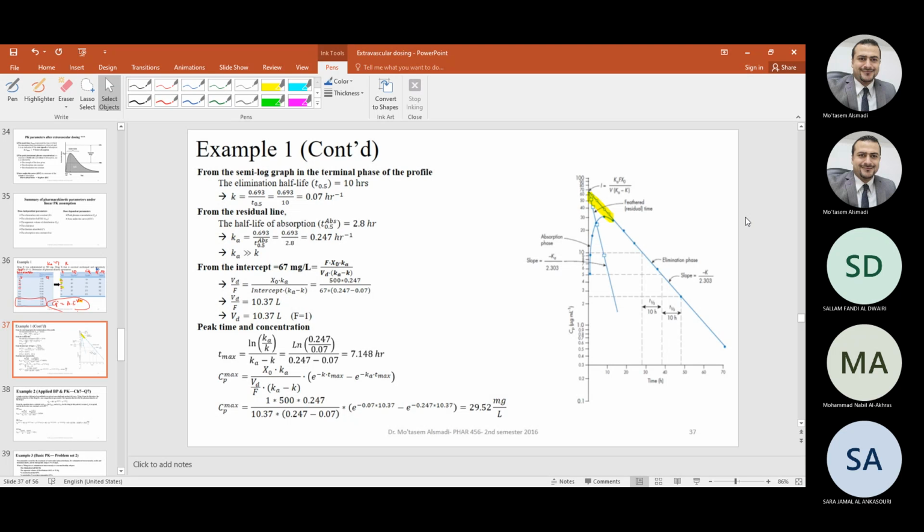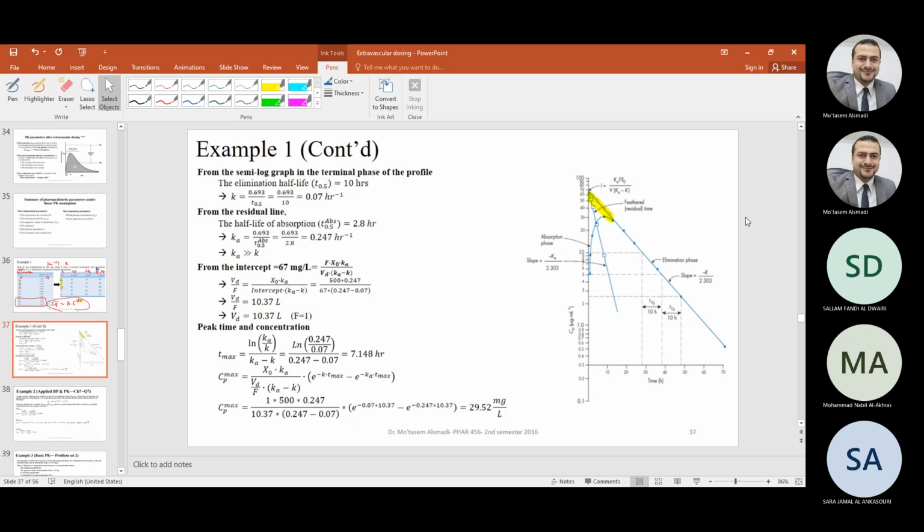What about the residual line half-life? Indicative of what? Which half-life? Elimination half-life or absorption half-life? Absorption half-life, right? Because in our case we have normal kinetics, so the residual line slope here is relevant to the absorption half-life, which came to be 2.8 hours.